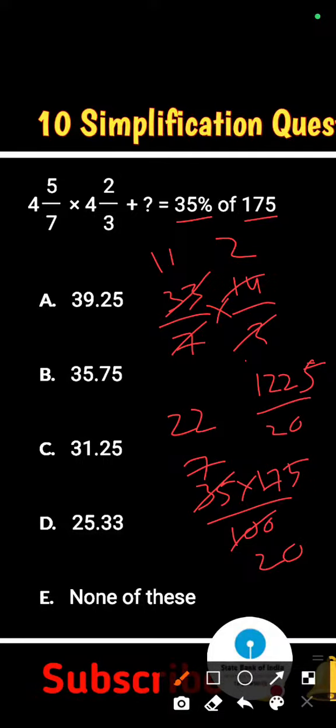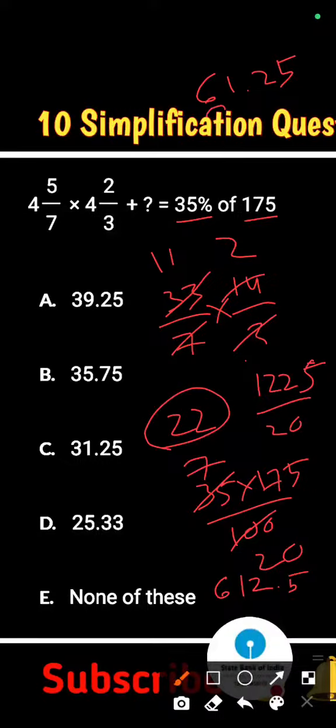So we get 61.25, and here initially we got 22. We need to subtract that 22. We get 0.25, and this will be 39.25. Option A is our answer.